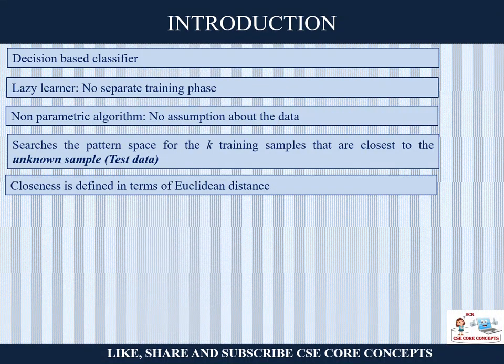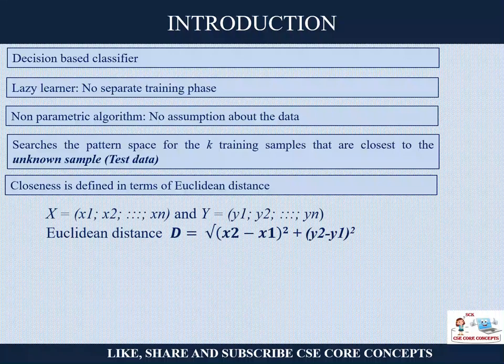Now closeness, how do you define that the data point is close to which training point? How will you define the closeness? The closeness between two data points is defined by the Euclidean distance. Euclidean distance is given as the square root of (x2 minus x1) squared plus (y2 minus y1) squared, if you want to find the distance between two points x1, y1 and x2, y2.